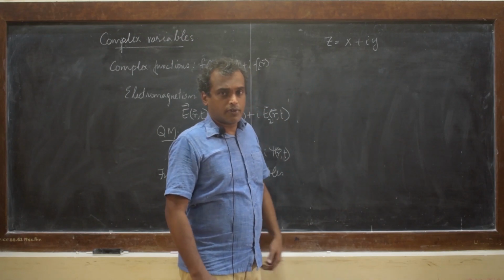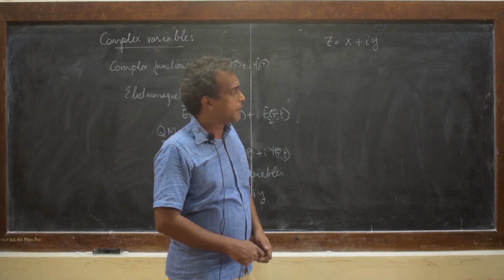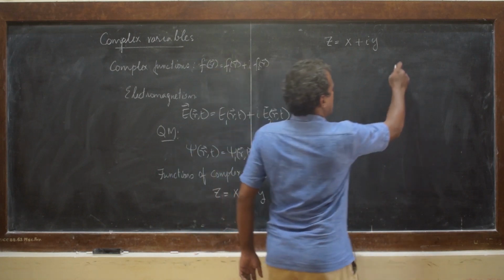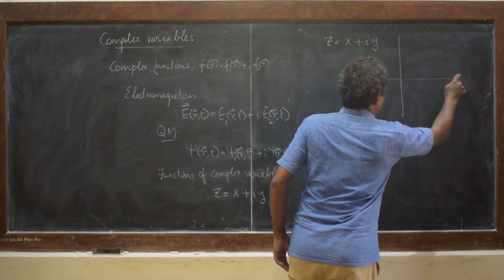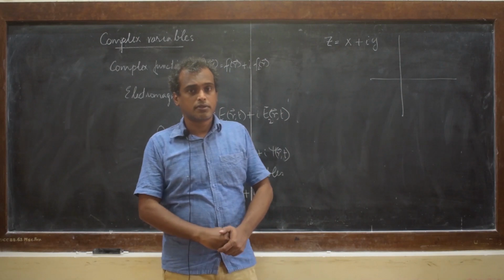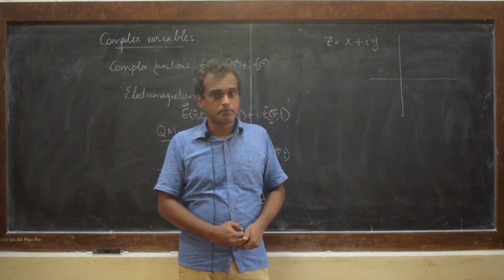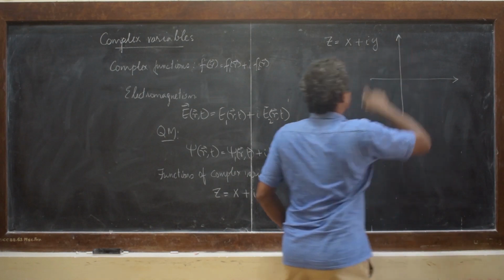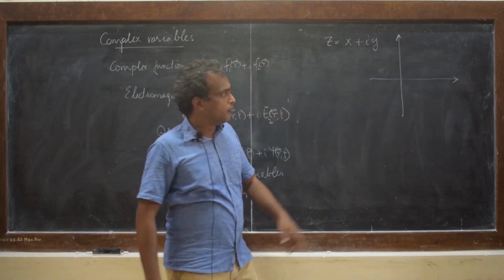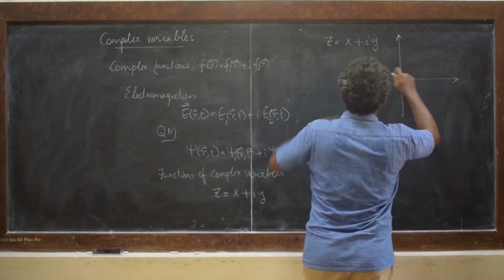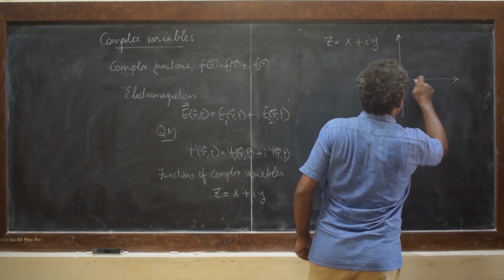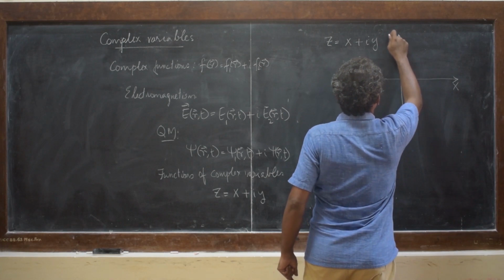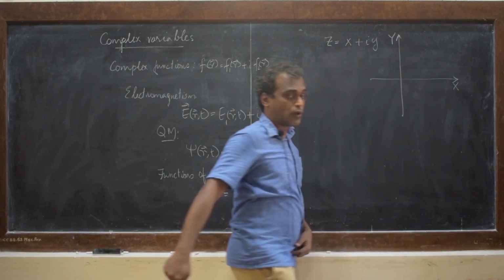This way of writing a complex variable can be represented on an xy plane that we are familiar with by identifying the real part with the x axis and the imaginary part with the y axis.